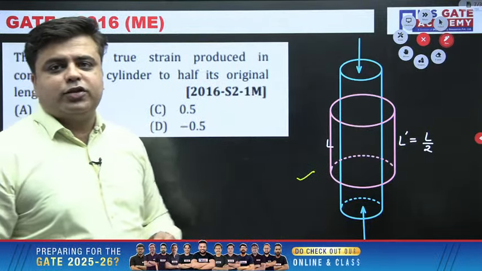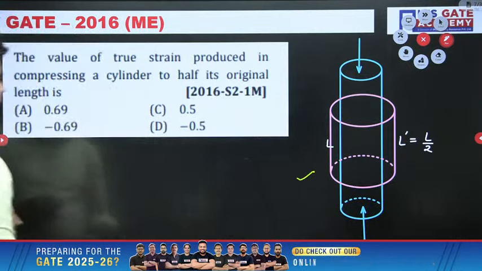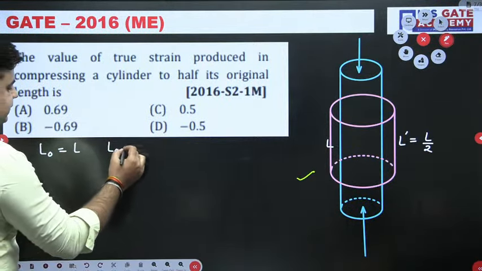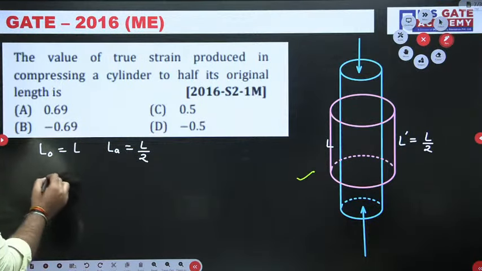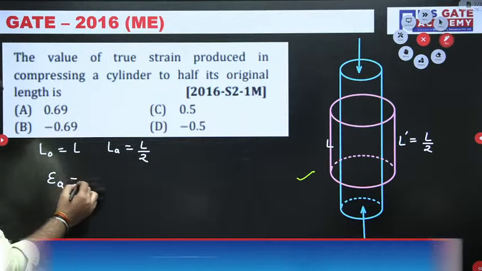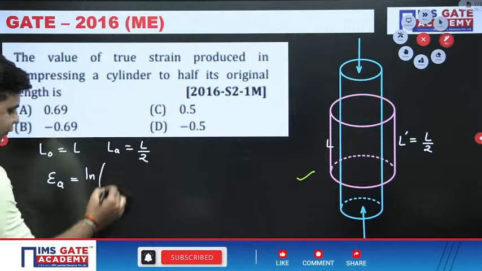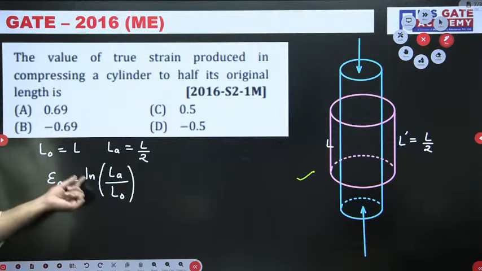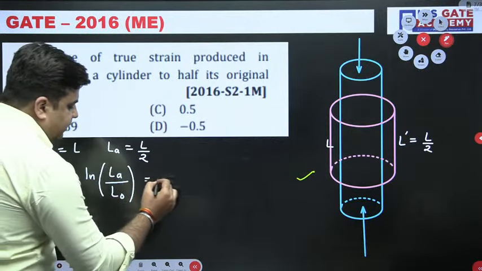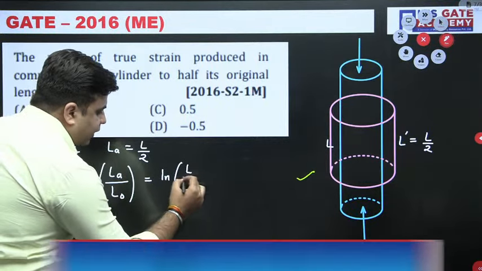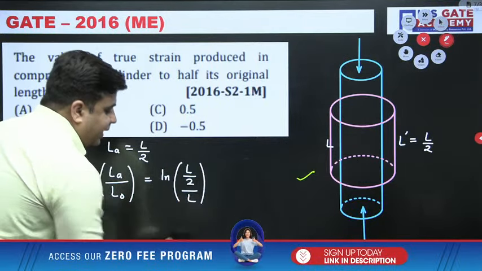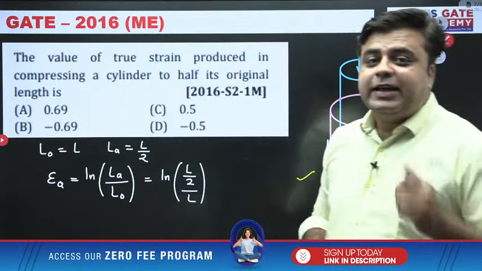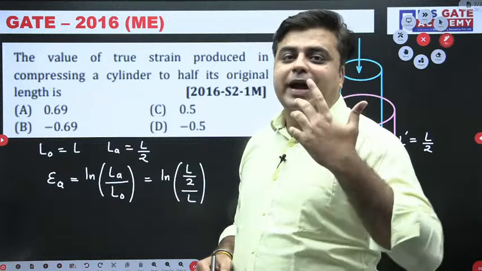Very good, Saundarya, absolutely correct answer. So your original length is L and your actual length is L by 2. You simply use the expression: actual strain or true strain is natural log of LA by L naught. So this is equal to natural log of (L by 2) divided by L. That is why I intentionally kept this question, because some of you might think the actual strain will be minus 0.5.